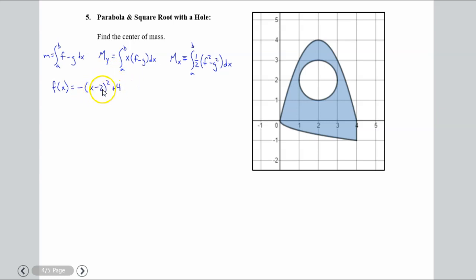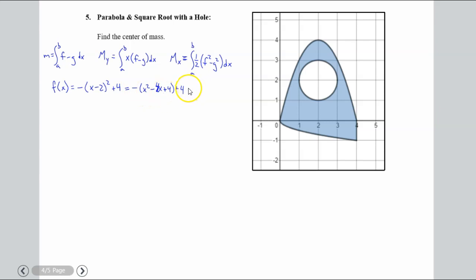And if you want to simplify this, you can. It's not strictly necessary, but you could say this is negative times, and then square this out, so you'll get x squared, negative 2 x's, multiply that out, so let's just put negative 4x right there. And then negative 2 times negative 2 would be a plus 4, and then plus 4 on the outside.